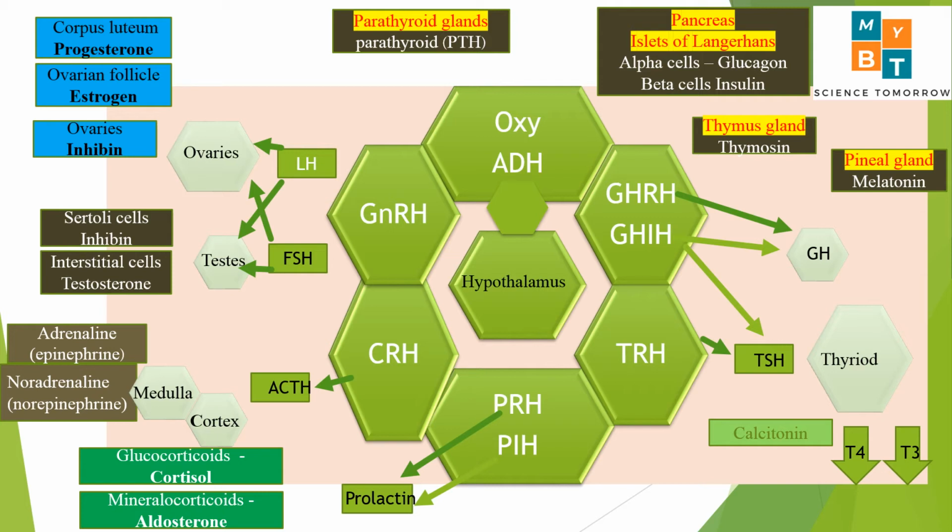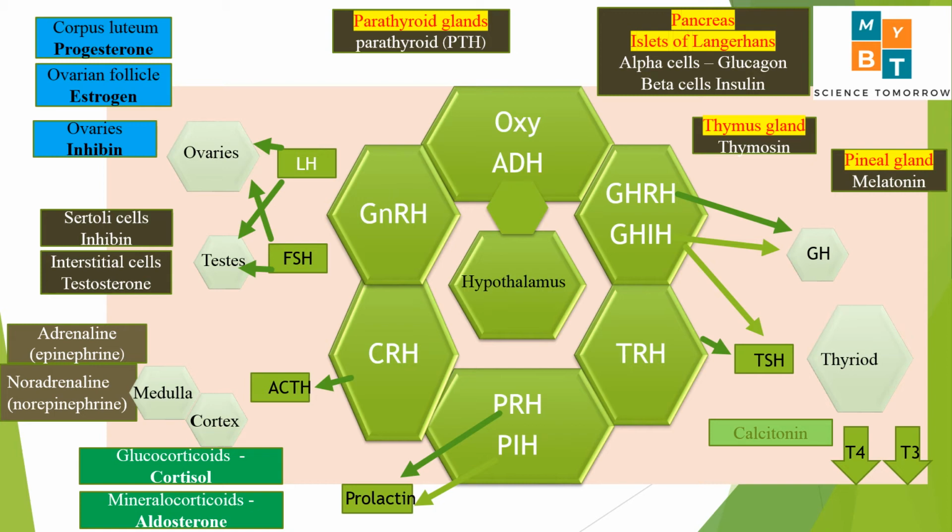We know that there are two inhibitory hormones, that is prolactin inhibitory hormone from the hypothalamus and growth hormone inhibitory hormone from the hypothalamus. When you consider prolactin, that acts on the mammary gland, but this is not an endocrine gland because it is not secreting hormone.